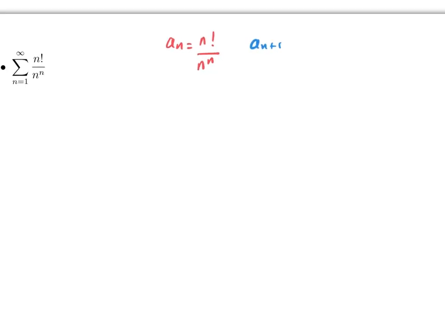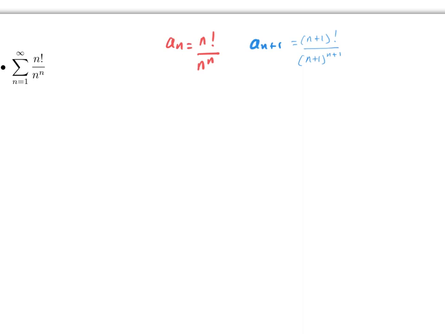Okay, so let's start with what is a_n. So notice that a_n is equal to n factorial over n to the n. So therefore, a_(n+1) is going to be equal to n plus 1 factorial divided by n plus 1 to the n plus 1.